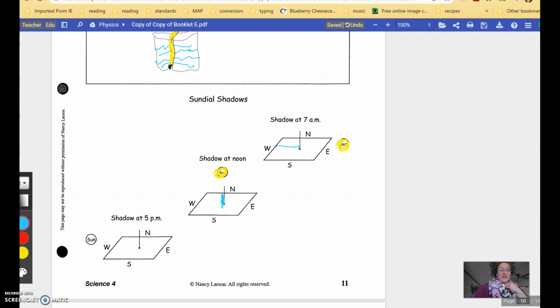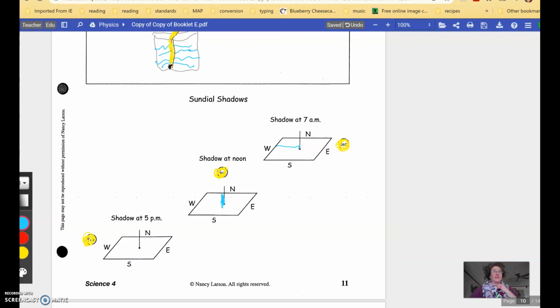Now, looking at this last bottom picture, we have the sun again. The sun is in the west, which means it will be setting soon. And so around 5 o'clock in the afternoon, where do you think your shadow will be then?